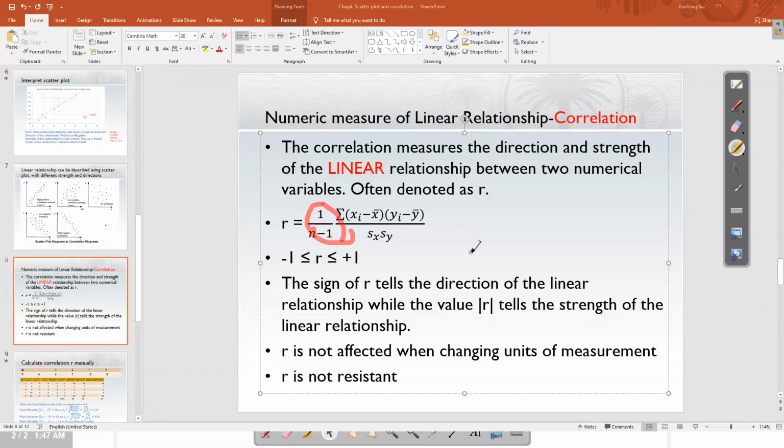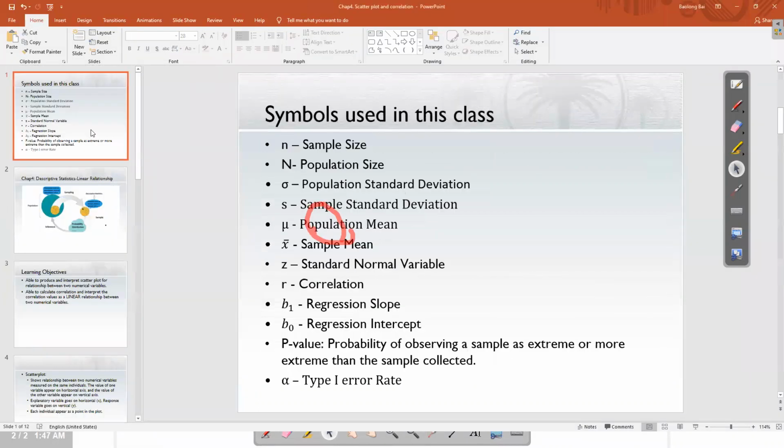That's very easy. So here we have Sx and Sy. They're S with a subscript to differentiate. You have two different S's, right? What does S represent? If you go back to the list of symbols, S is the sample standard deviation.